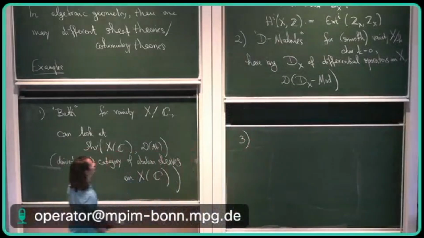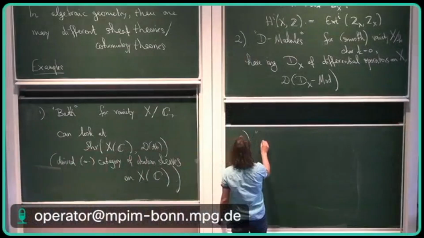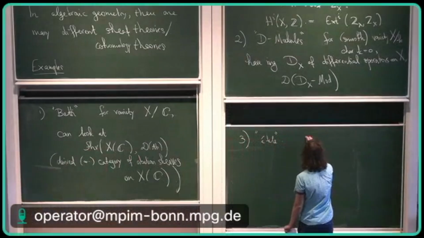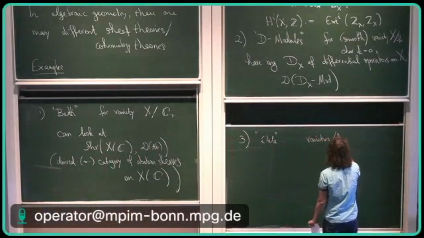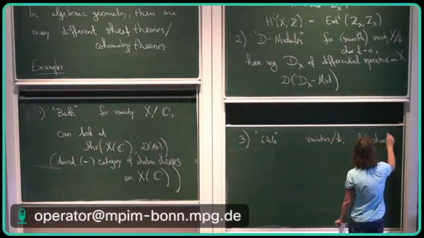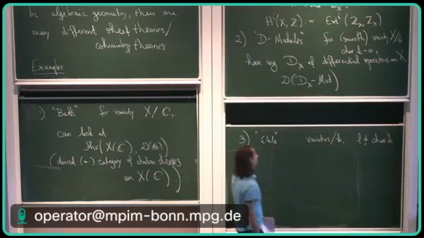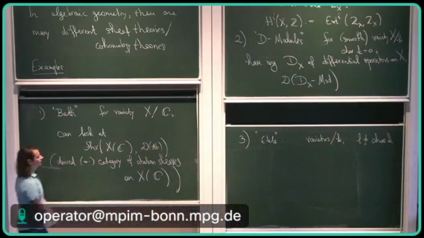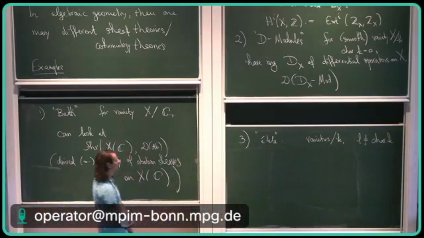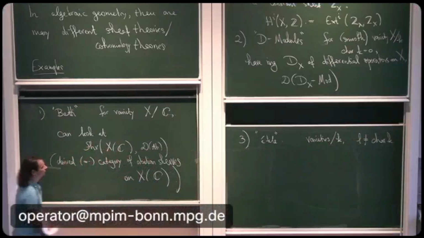And a third example is the étale setting. So again, here we have varieties over some field K, and we pick an auxiliary prime l, which is not equal to the characteristic of K. So for example, if K is characteristic 0, we could pick any prime, but I will also particularly be interested in the case of positive characteristic p, but then l should be not p.